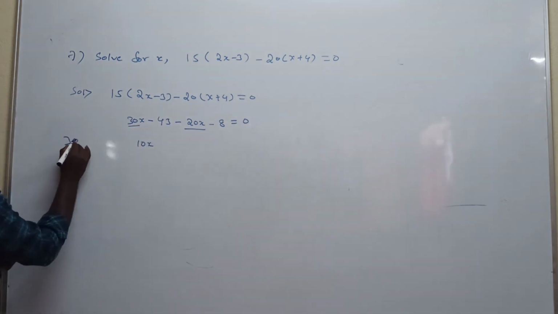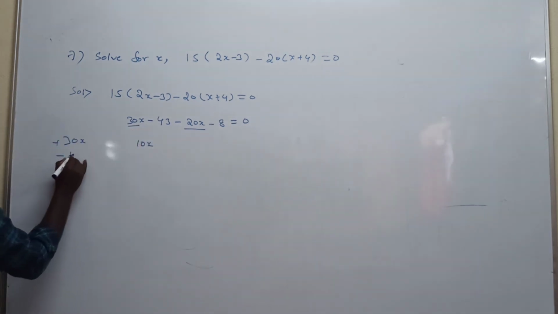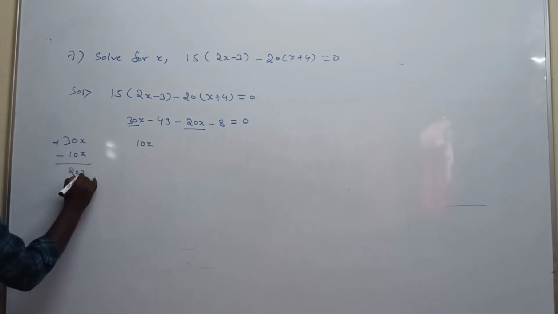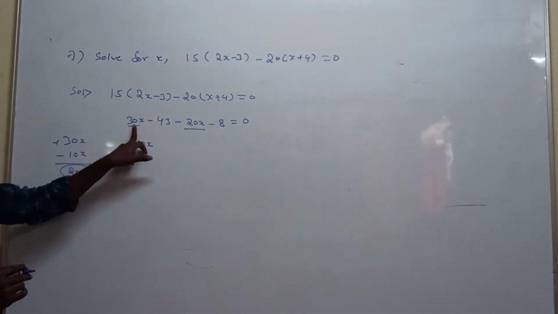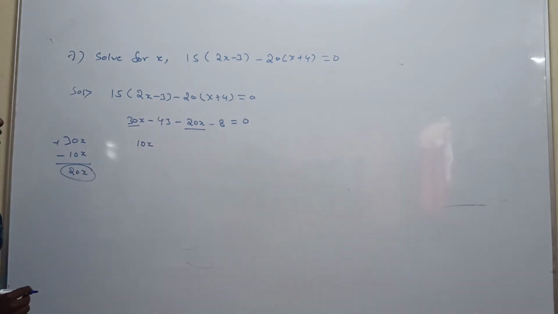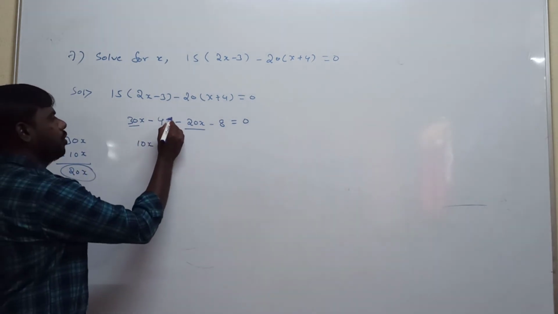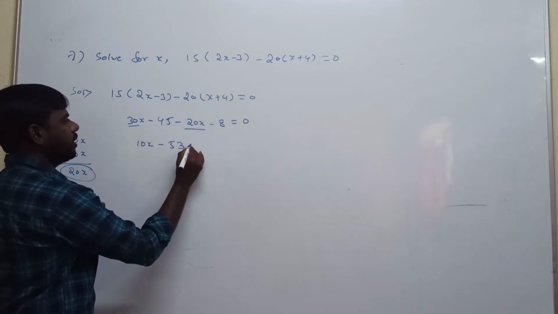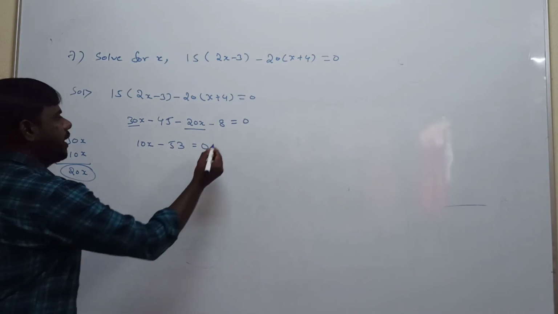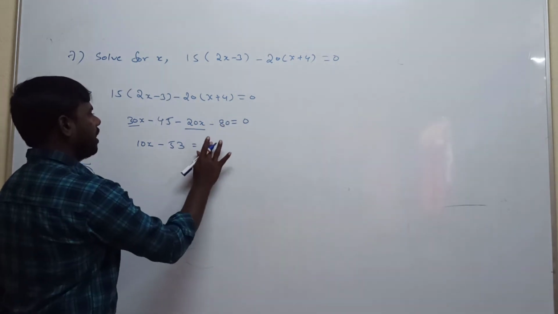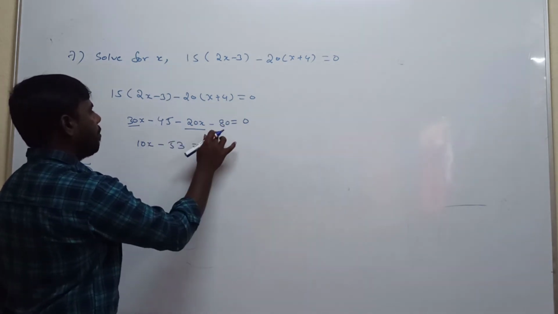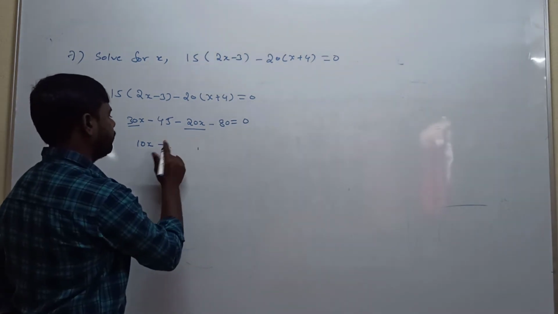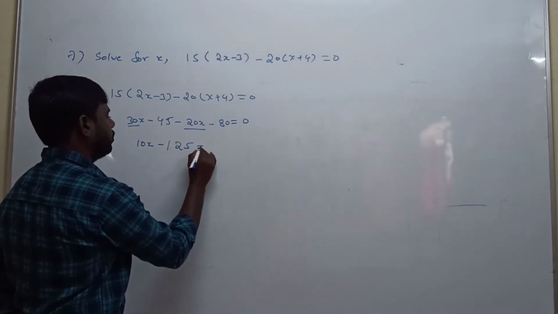Next are the constant values: minus 45 minus 80 is minus 125, is equal to 0.